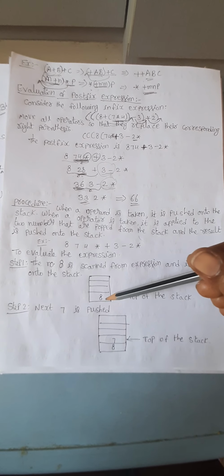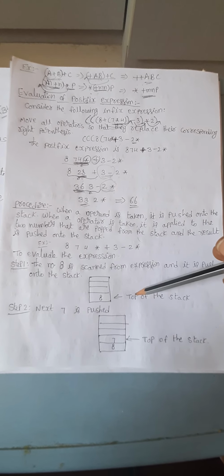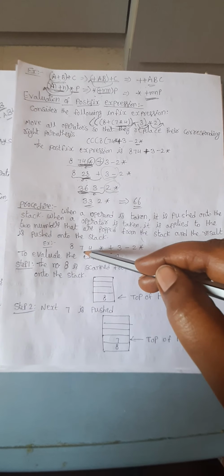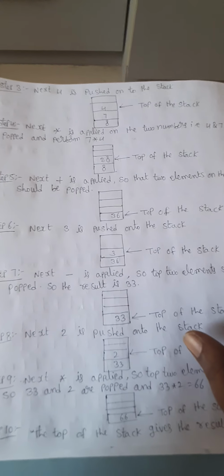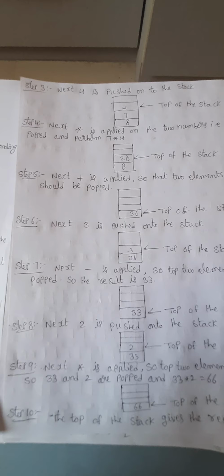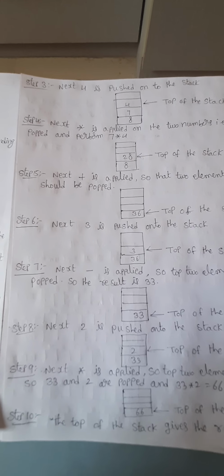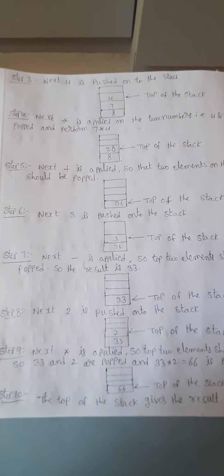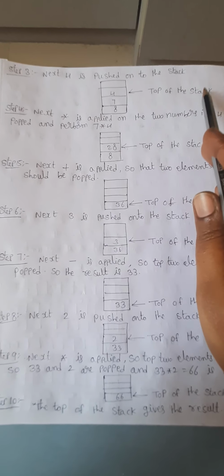Here we have pushed the 8 and this is called the top of the stack. And after that the next one is 7, we have to push the 7 into the stack. After pushing the 7 into the stack, see step 3: the next value in this expression is 4, it is pushed onto the stack, then that 4 will become the top of the stack.